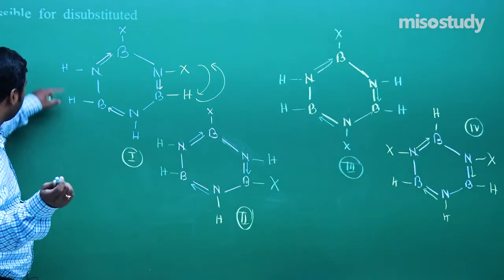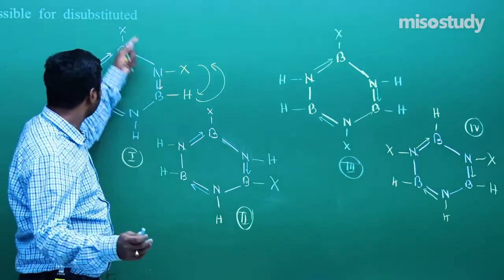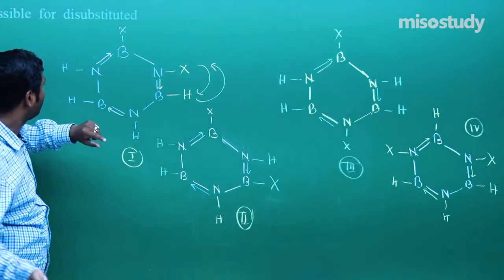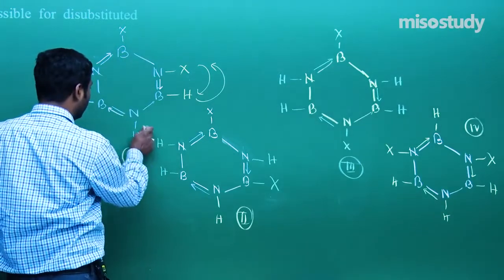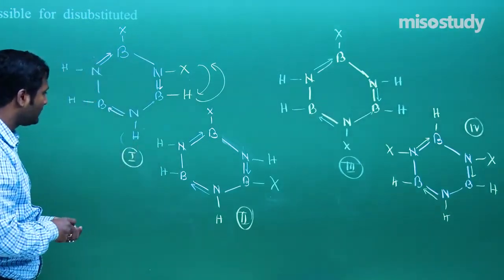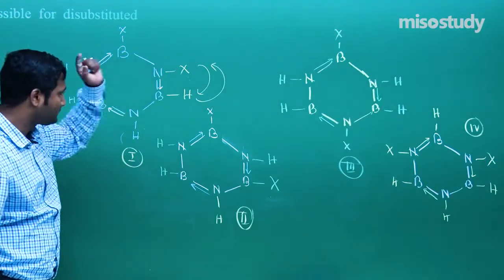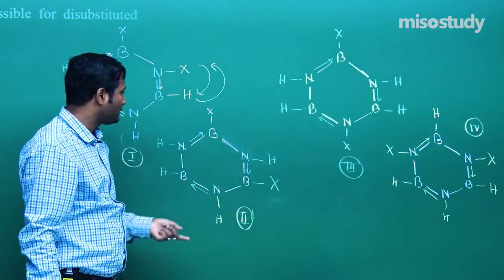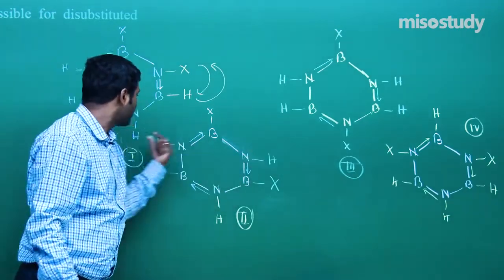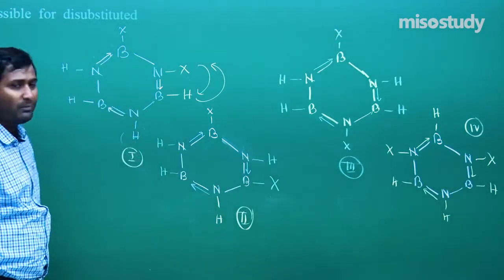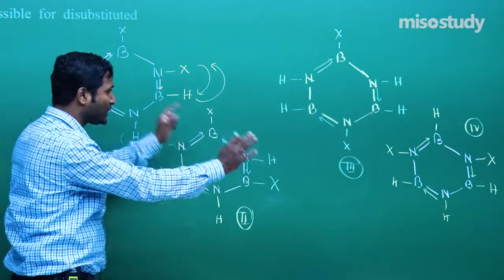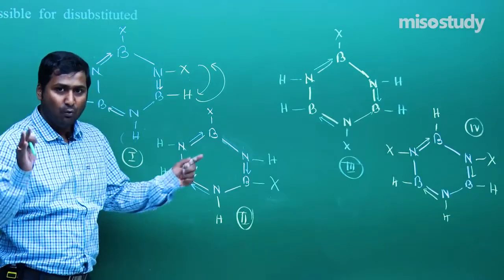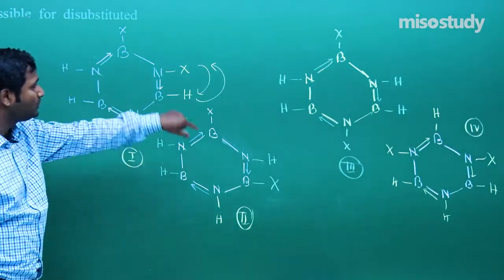Again I am repeating. HH, XH, then XH, two halogen substitution is the first isomer, and then if I put here X and then if I put here X, the next one is XX, the second isomer. Exchange of position, XH, the third isomer, and put here X and put here a fourth isomer. So total number of isomers in this case, after drawing the entire possible structure, 1, 2, 3 and 4.